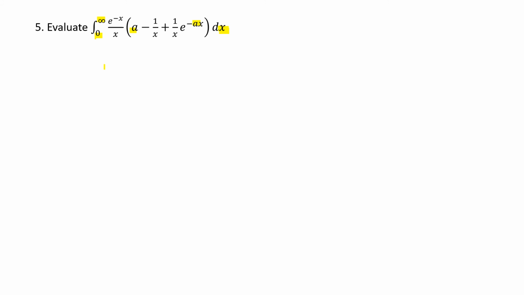So let's assume this integral is equal to I of a. So I of a is given by this integral. Now use rule 1 and find dI by da, differentiating this whole equation with respect to a.